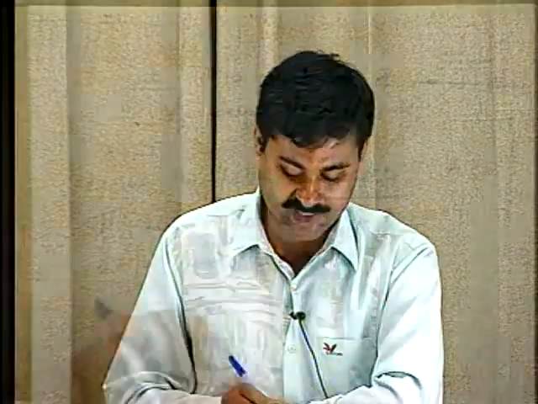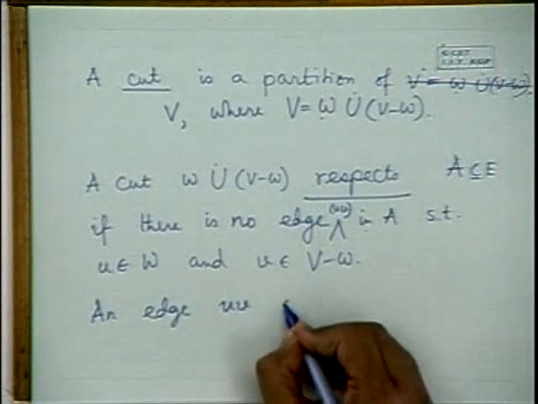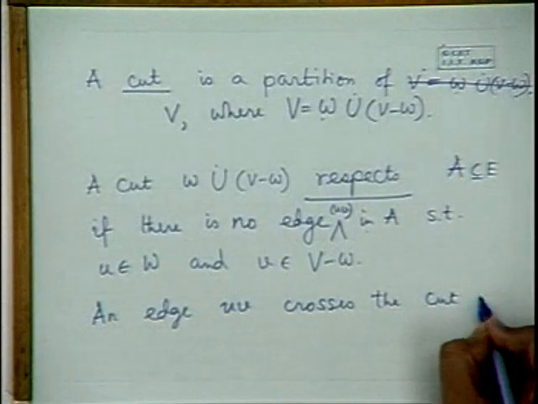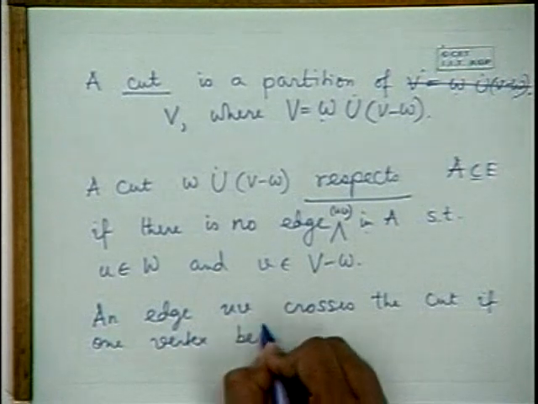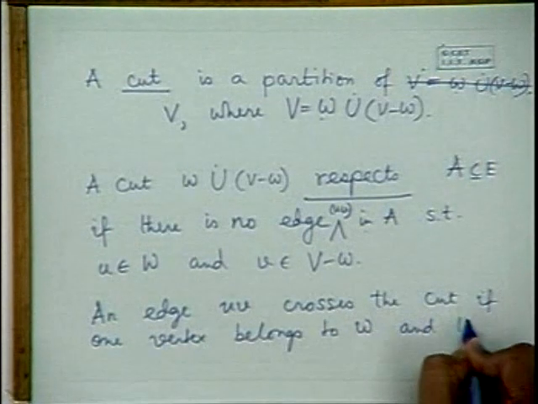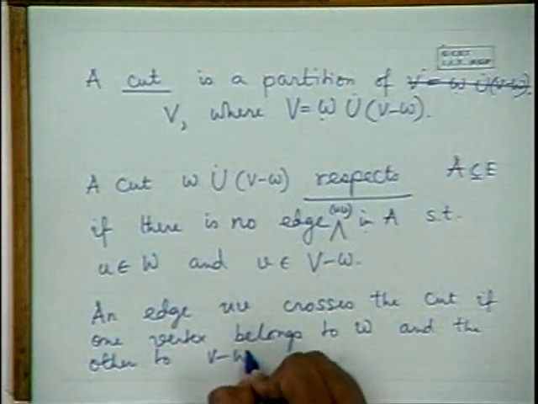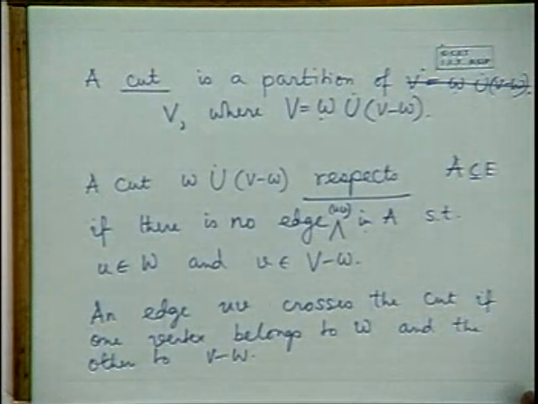Suppose there is an edge from one set to the other set, then we say it crosses. So an edge UV crosses the cut if one vertex belongs to W and the other to V minus W. So these are the definitions.